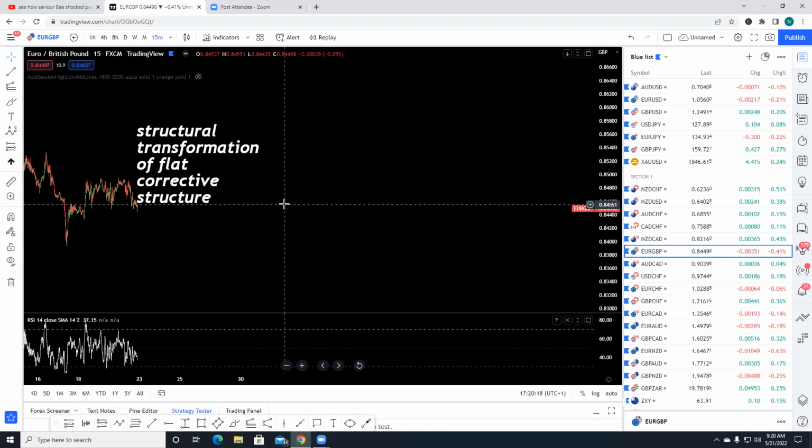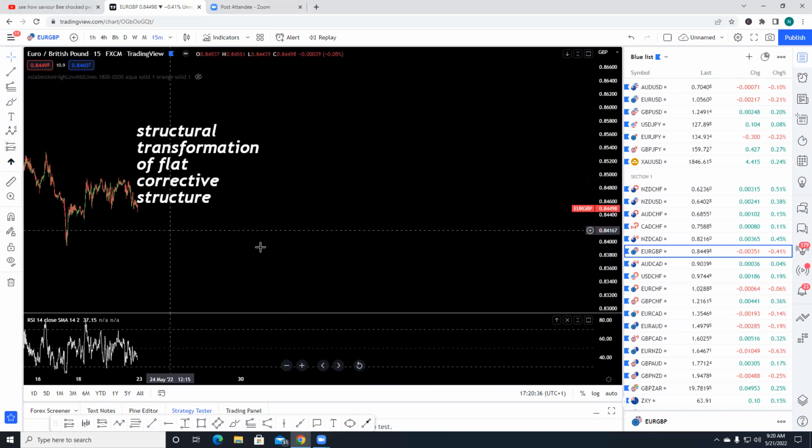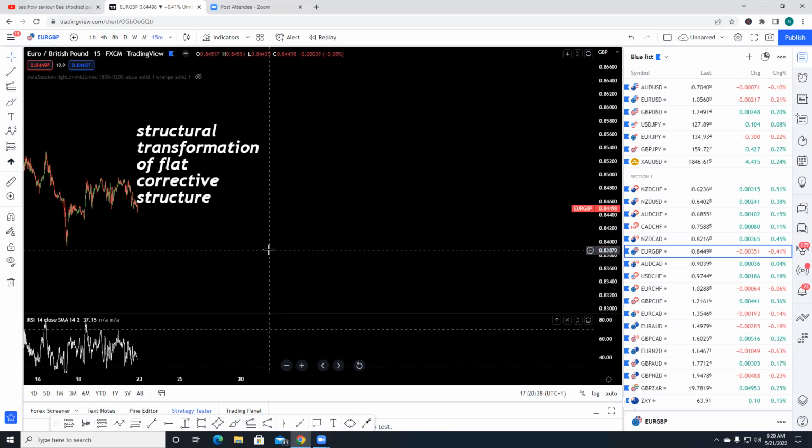If you apply the same system you use on a running flat and that pattern transforms to an expanding flat, it is going to give you a loss. So that is why it is essential for you to understand structural transformation of flat corrective structure.